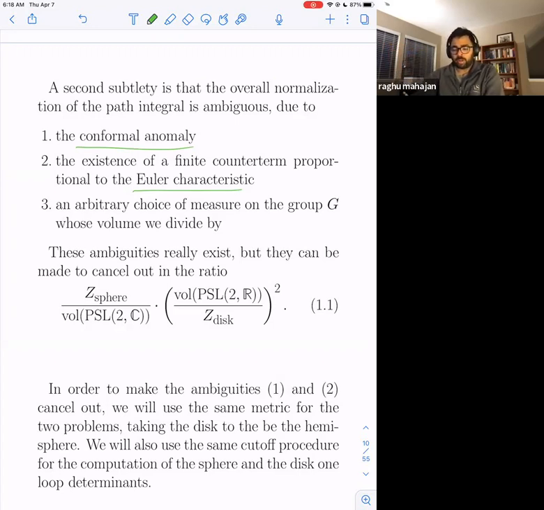The measures on the groups really come from the ghost fields. So you can't independently choose the measure on PSL2C and PSL2R. They're related in a very precise way, just because you can only pick the measure on the ghost fields once.